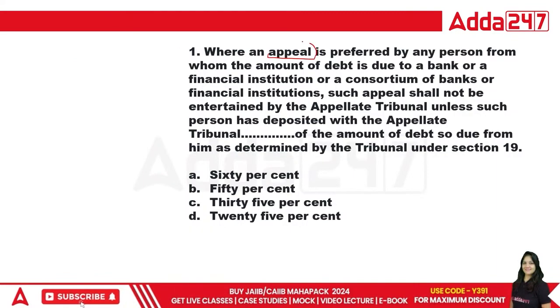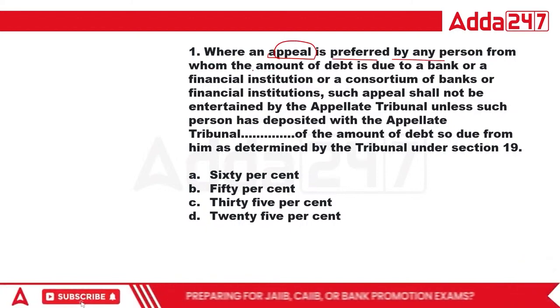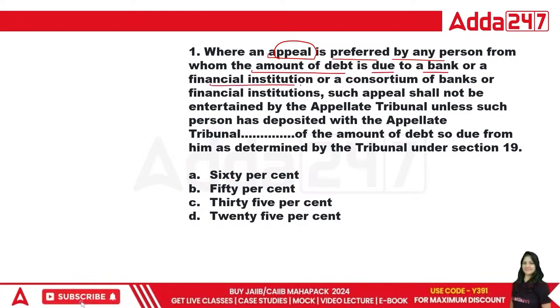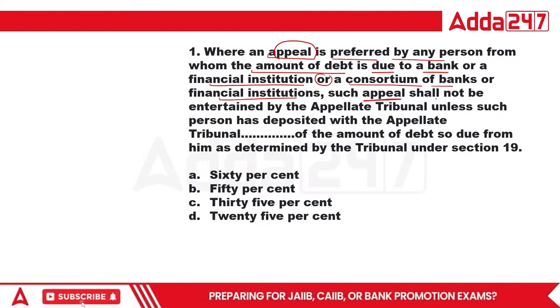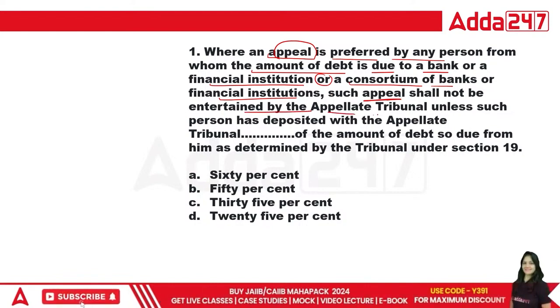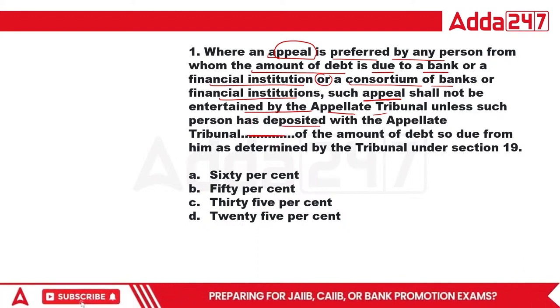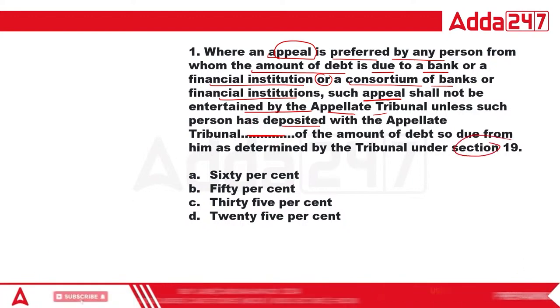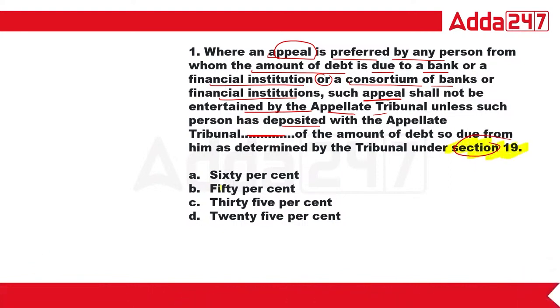Where an appeal is preferred by any person from whom the amount of debt is due to a bank and financial institution or a consortium of banks or financial institutions, such appeal shall not be entertained by the appellate tribunal unless that person has deposited what percentage of the amount determined by section 19. So at least you should learn section 19 also.